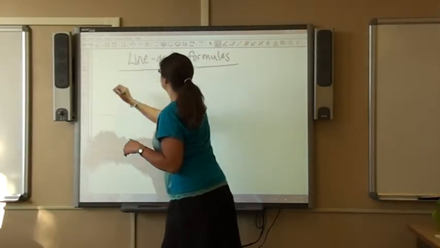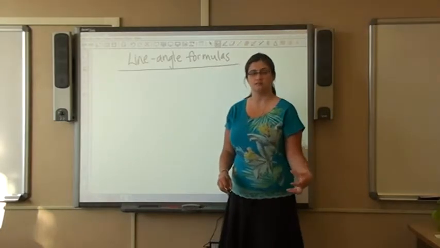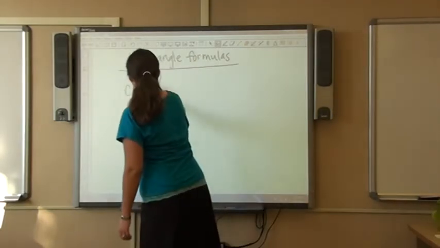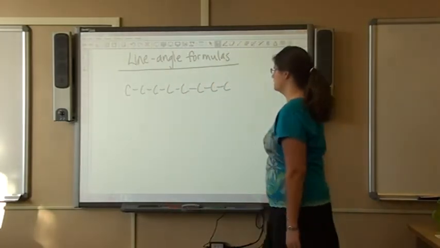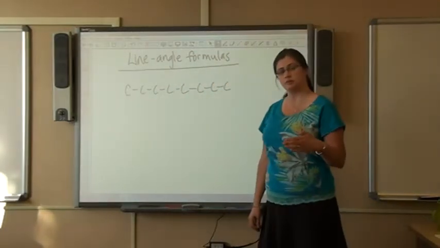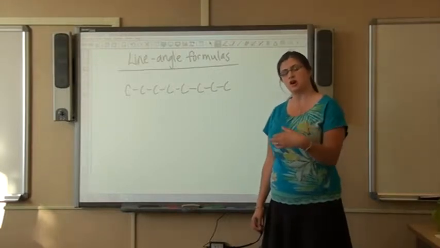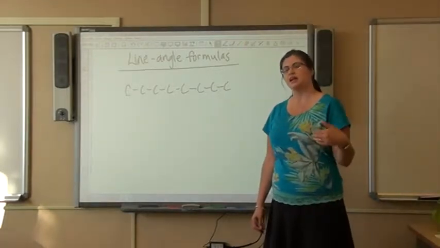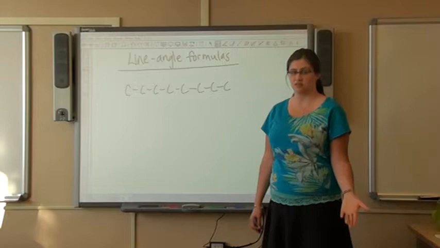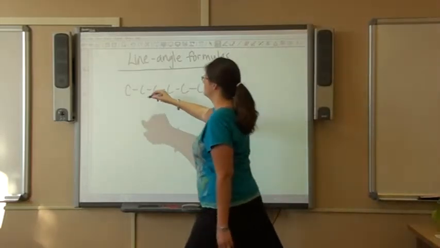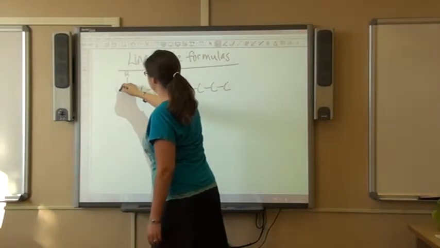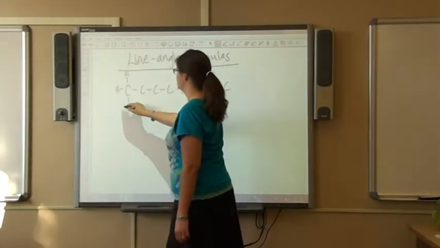Okay, so let's talk specifically how to draw these things. Let's say I have an 8-carbon chain. That means 8 carbons connected together. And I want to represent that in a line angle formula. Now I could draw this compound out, placing H's in all of the positions.